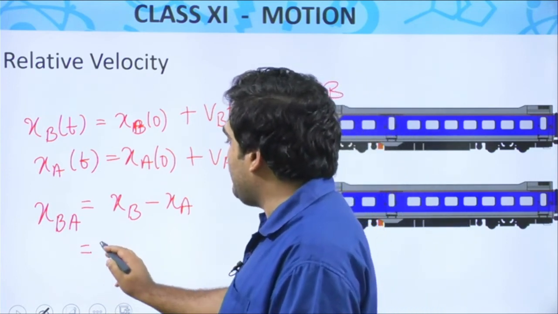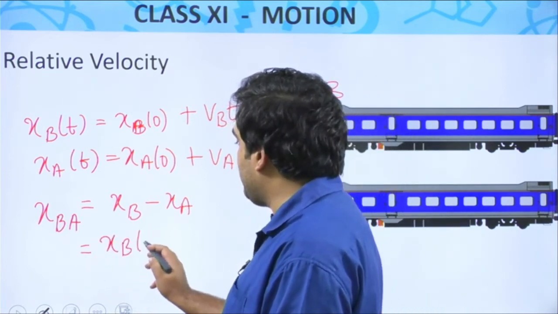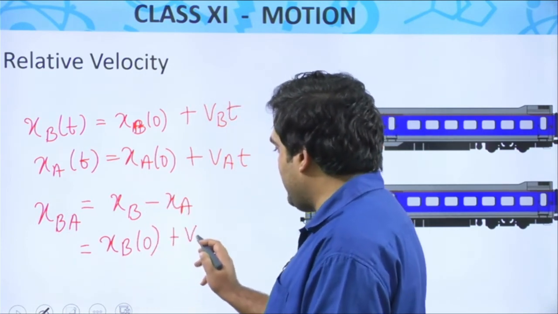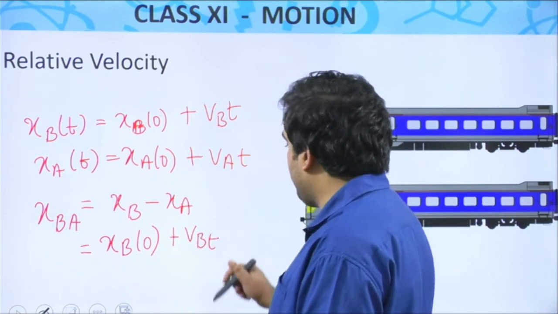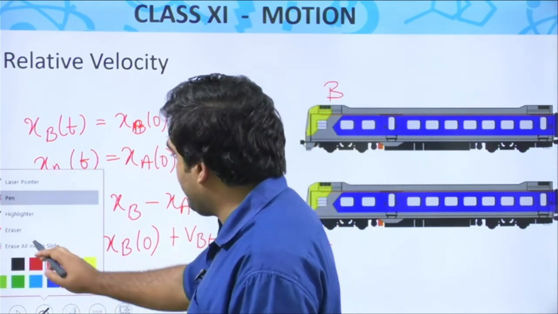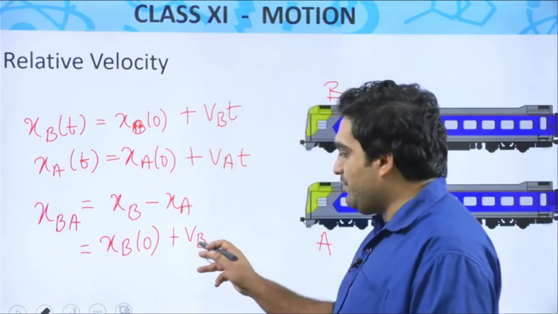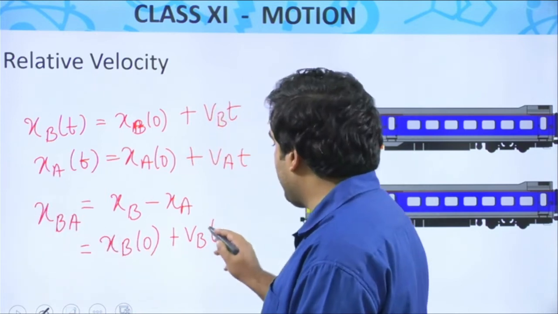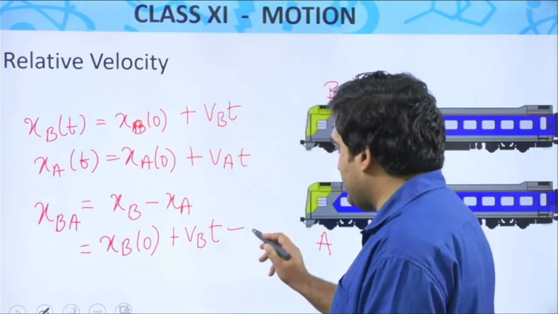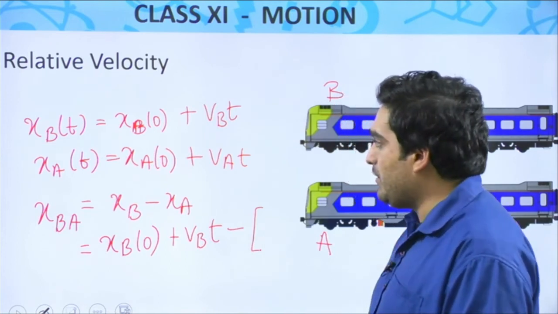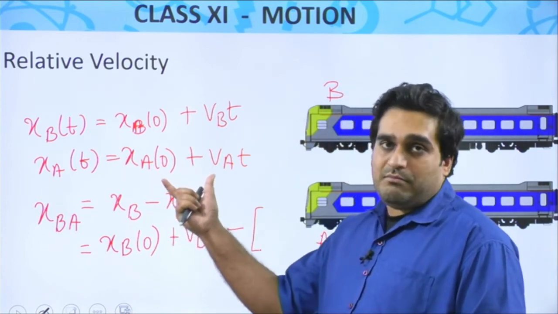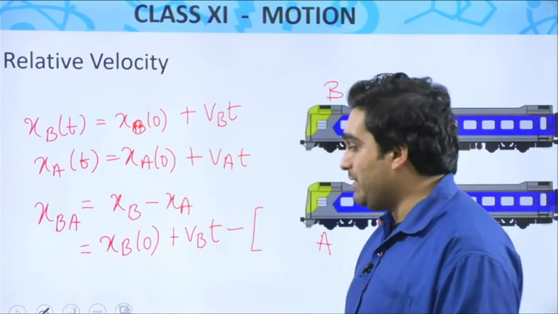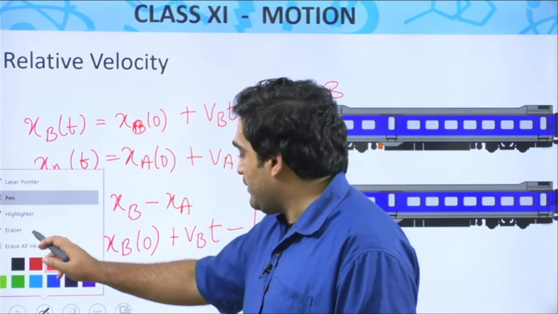So you substitute xb of 0 plus vbt, where vb, with suffix b, is the velocity of train B, t minus, here comes the fun part. When you write this, make sure you write it within a bracket because you have to conduct a sign multiplication.